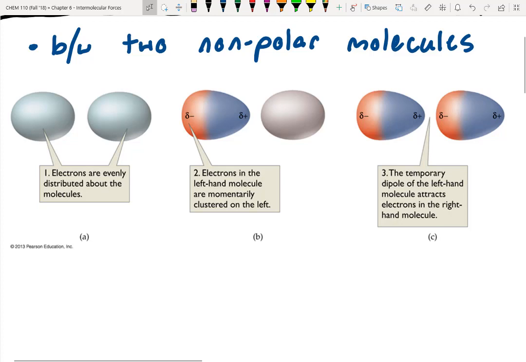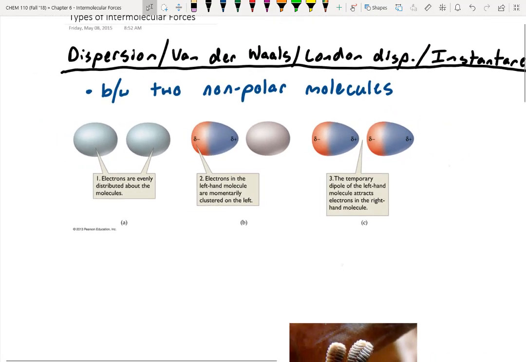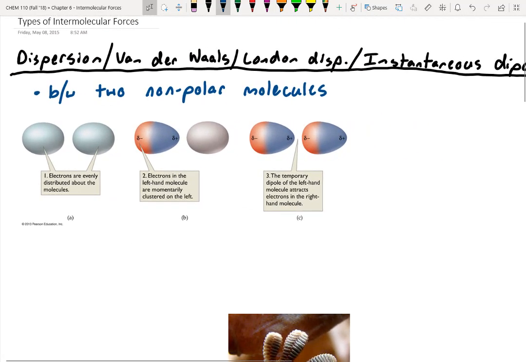And this can happen between two molecules where you actually have matching ends, where one end of one molecule at one point in time is electron deficient and the other one is really electron rich. So it basically describes how nonpolar molecules stick together. It's due to the fact that electrons can't be everywhere at once. All right, so let's kind of describe this a bit more.